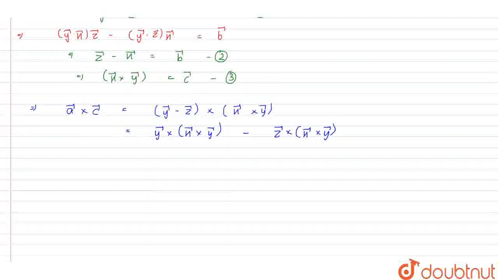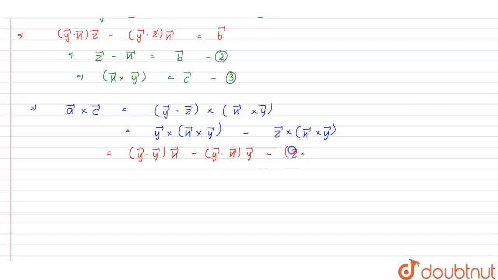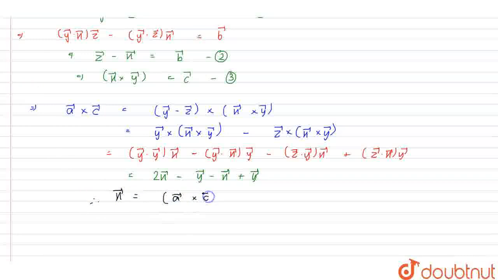So solving this vector triple product, we get y vector dot y vector into x vector minus y vector dot x vector into y vector, minus of z vector dot y vector into x vector plus z vector dot x vector into y vector. So this gives us the value 2 x vector minus y vector minus x vector plus y vector. So from here we get the value of x vector as equal to a vector cross c vector.